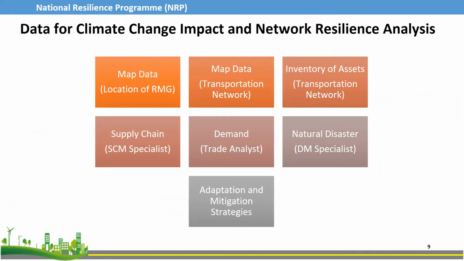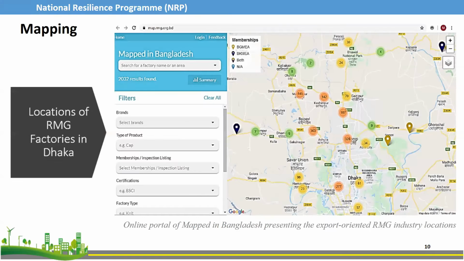Our trade analyst came up with the future demand of the RMG sector. Then the natural disaster expert identified the different impacts and likelihoods of the natural disasters we saw a few slides back. Then we came up with the adaptation and mitigation strategies.